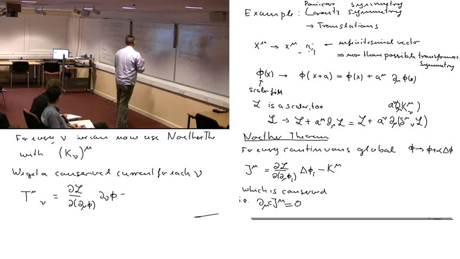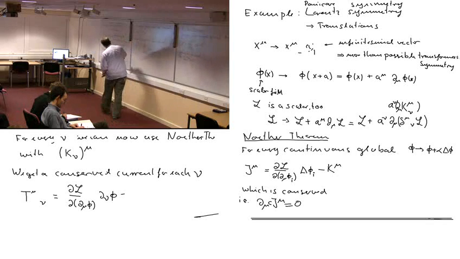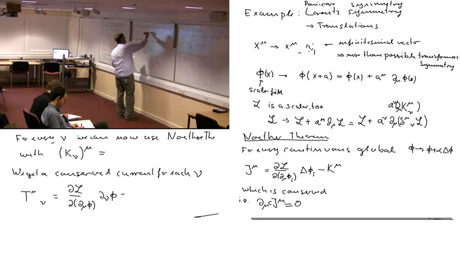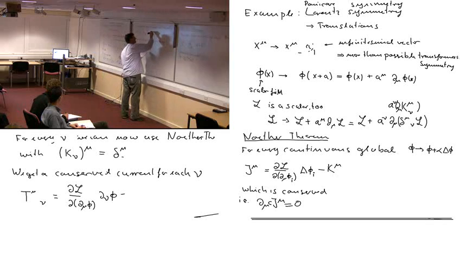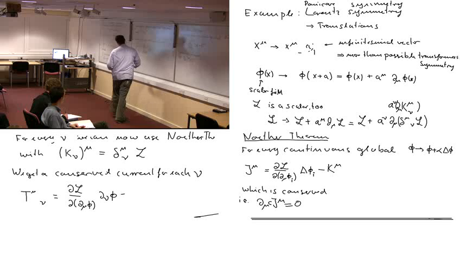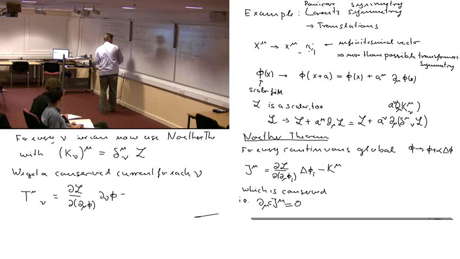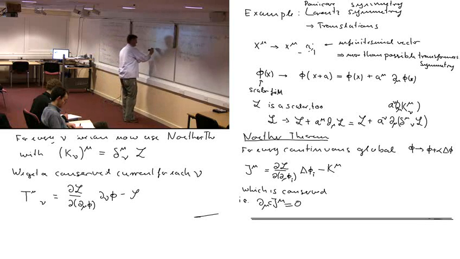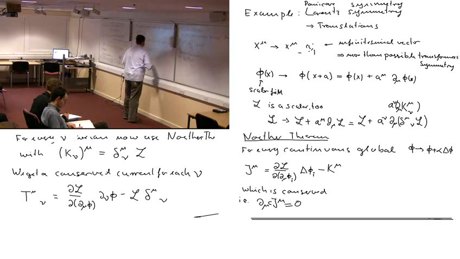And then we have to add our k mu, and our k mu we can explicitly read off to be delta mu nu times the Lagrangian itself. That's what's here in the brackets. So we have times L delta mu nu.